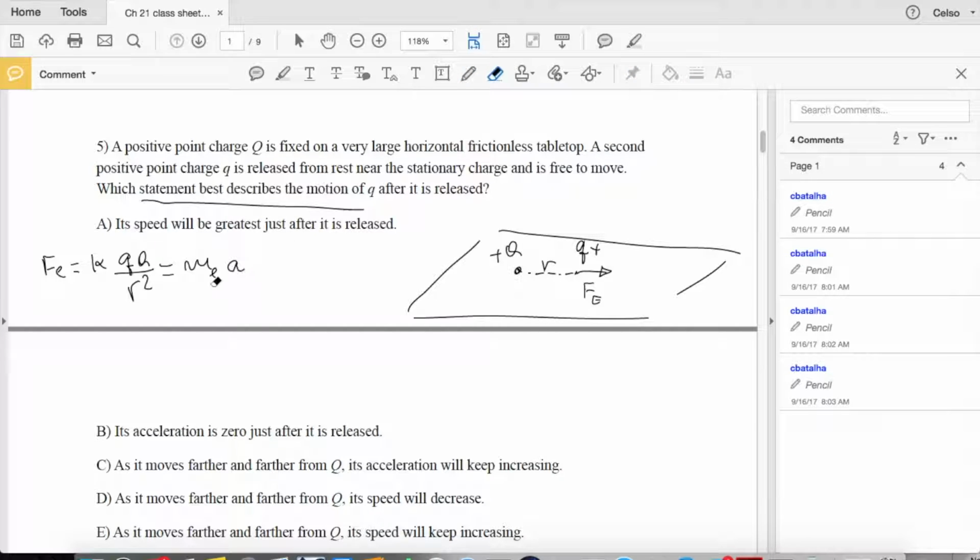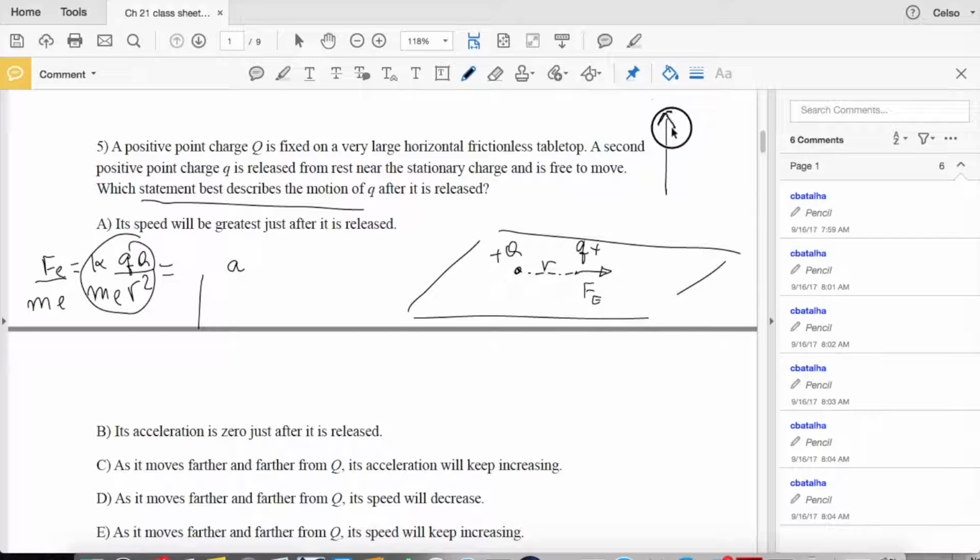So you can see that your acceleration will be dependent on r, in fact 1 over r squared. So essentially if you plot acceleration against position, you would have some decaying acceleration that way, okay?